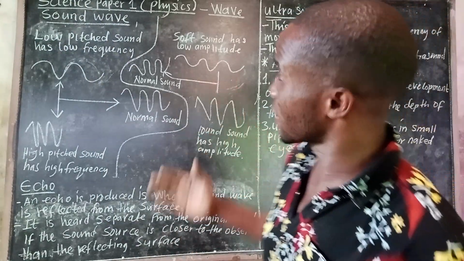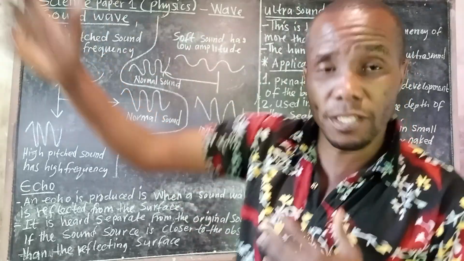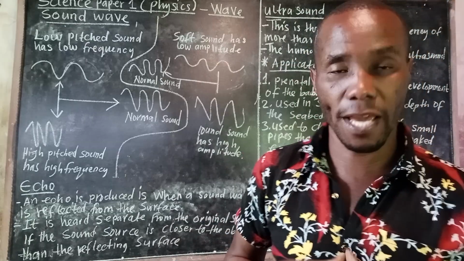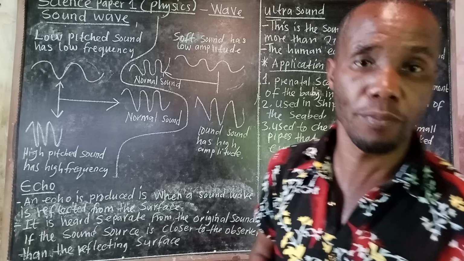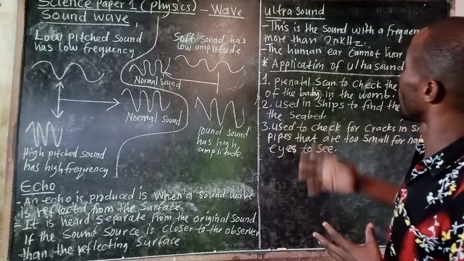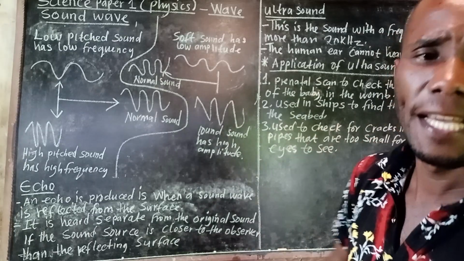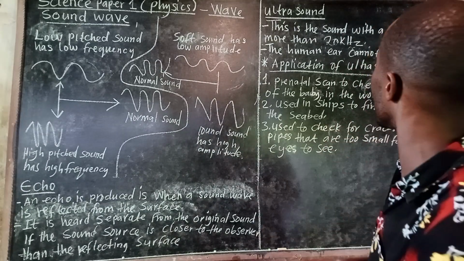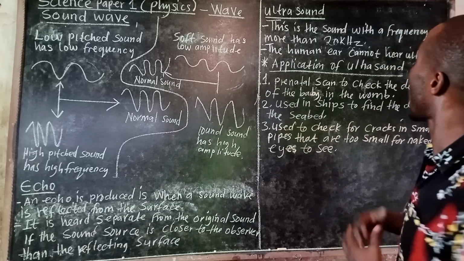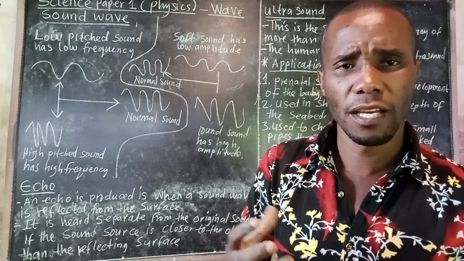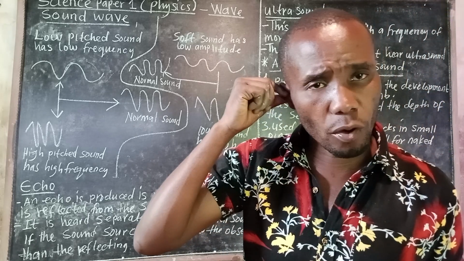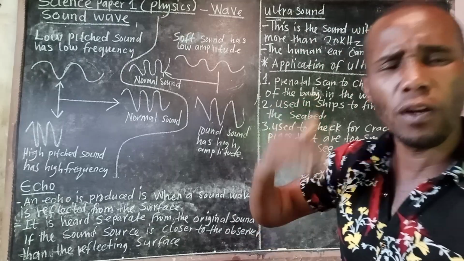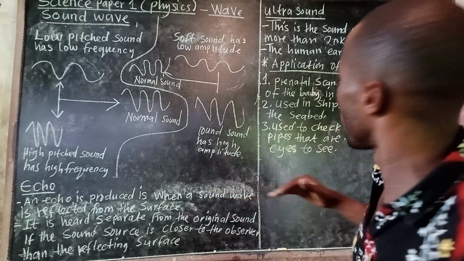When the sound goes beyond 20 kilohertz, the sound will not be heard. That's what we learned in our previous lesson. This particular sound is called ultrasound. The human ear cannot hear ultrasound, because it has gone beyond the maximum.